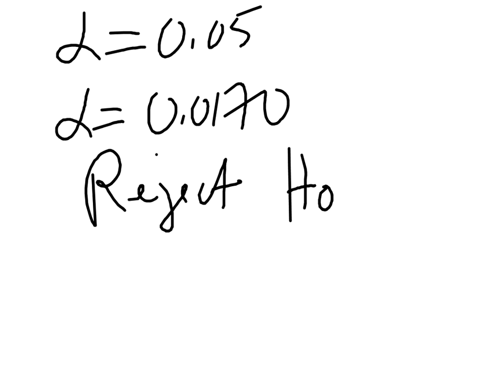Now, the way the book phrases it in step 5 is there's enough evidence to support the attorney's claim that more than 25% of the lawyers use some form of advertising. Okay, well, I prefer to just say reject the null hypothesis, but they're saying that the evidence shows we can support the claim.